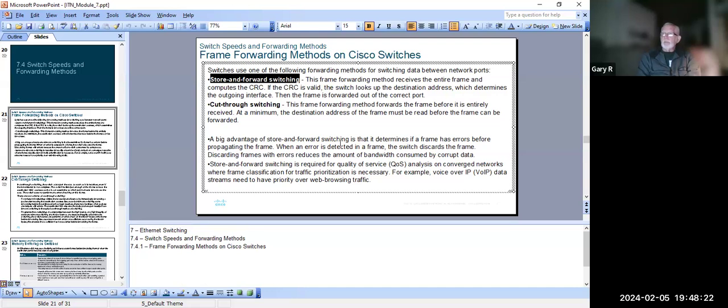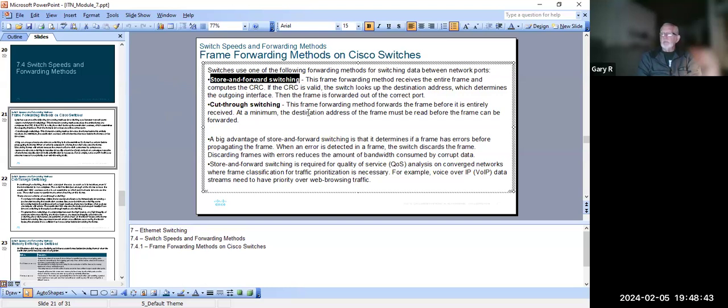Now, this happens at the switch when it's using store and forward switching. The switch gets the frame on a port, does the calculation, and checks the frame check sequence that is contained in the frame trailer. If they match, that's great.